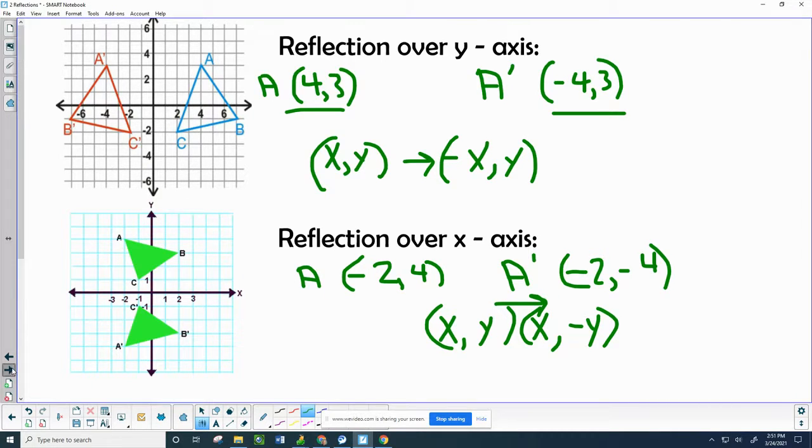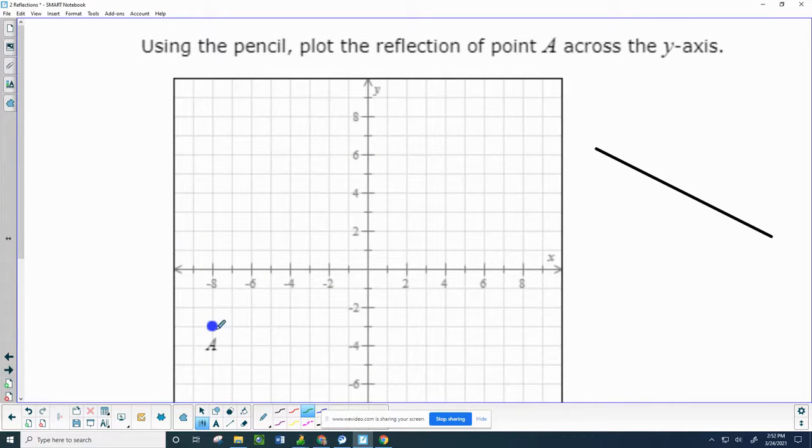All right, let's just see how that works then. So we've got a point here, and we are going to reflect it across the y-axis. So again, what is the y-axis? Well, the y-axis happens to be this axis that goes up and down, right? So this line kind of lines up on the y-axis for us.